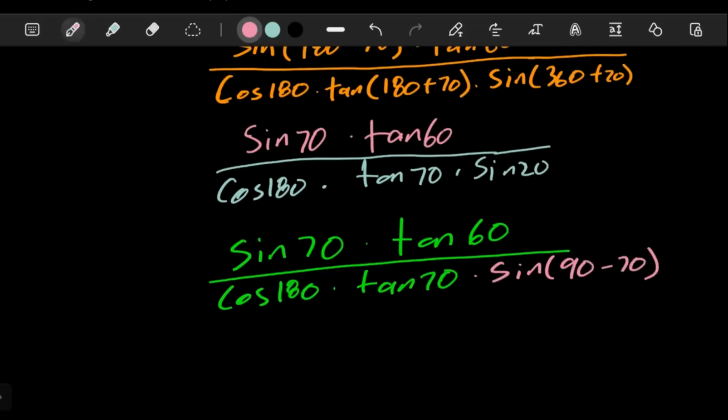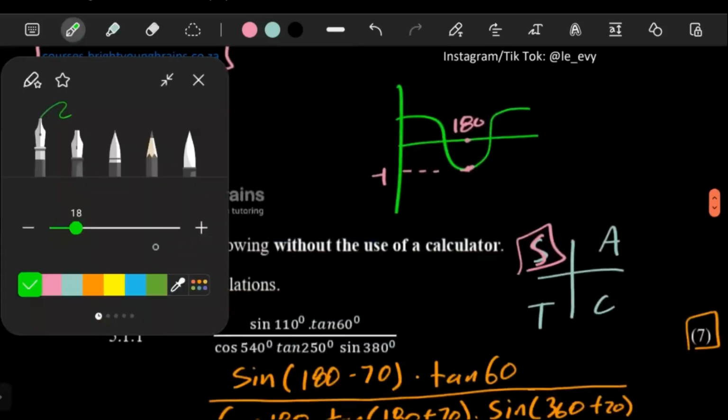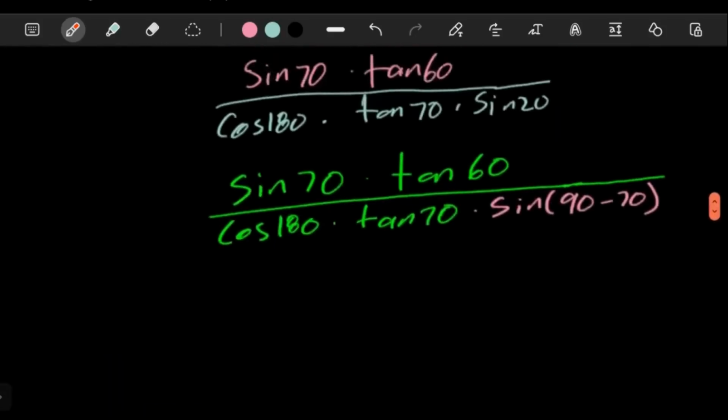So if we change it to 90 minus 70, you can then eventually change this to a cos, you see? Because if you look nicely here, 90 minus 70, you're back in the first quadrant where everything is positive. So, yeah, sine 70 here.